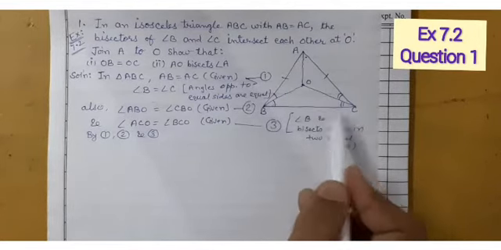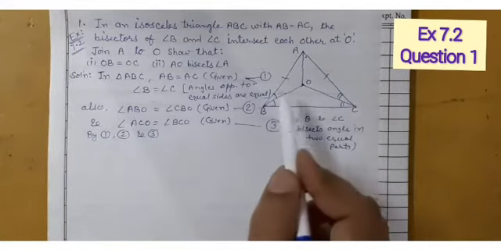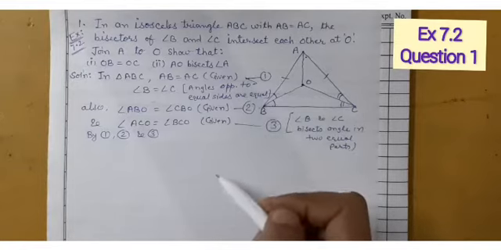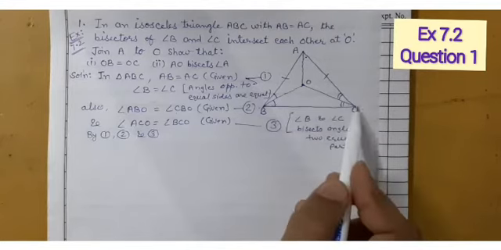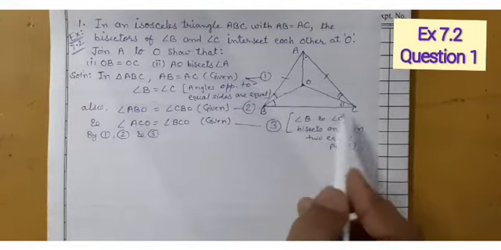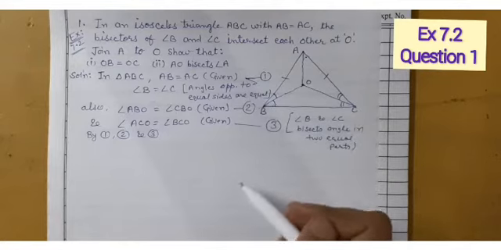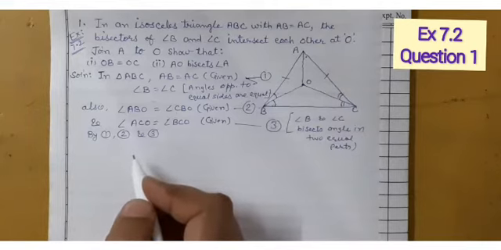ABO and CBO. These two parts should be equal because OB is the bisector of angle B. Similarly, ACO and BCO should be equal because OC is the bisector of angle C.